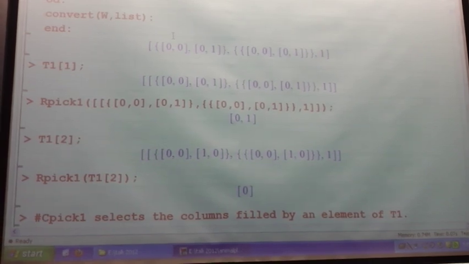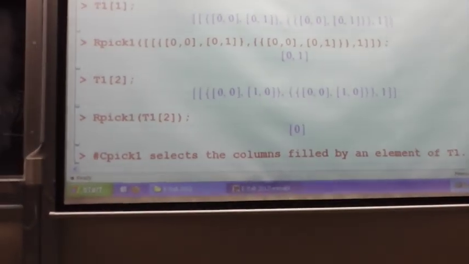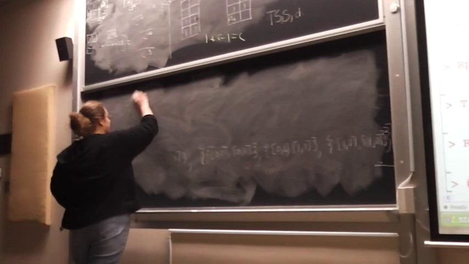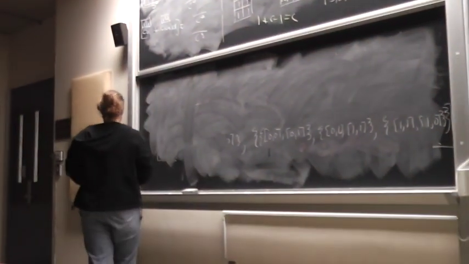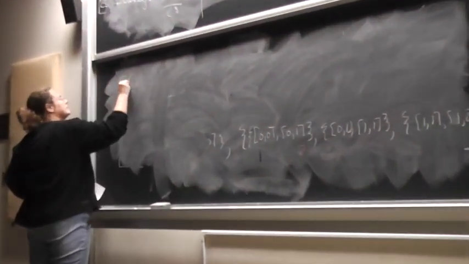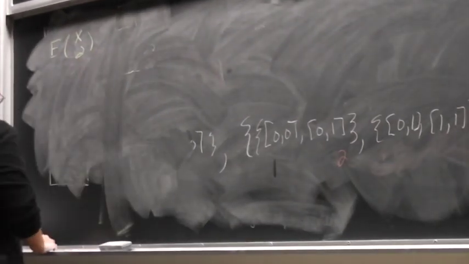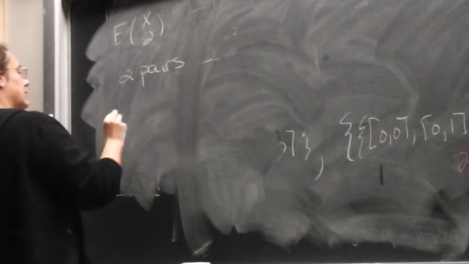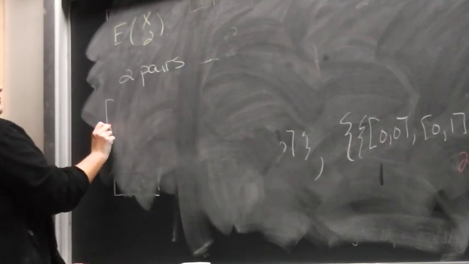So basically, the trick is, I would look at 2 pairs. I want to put in 2 pairs. There's 2 ways you could do it. You could put in an animal that has the form.